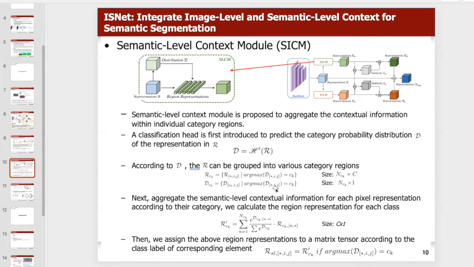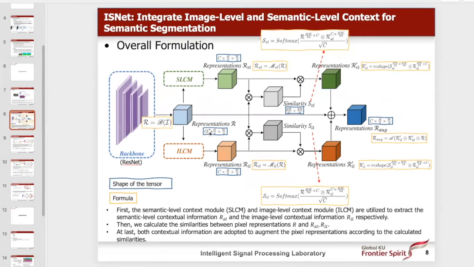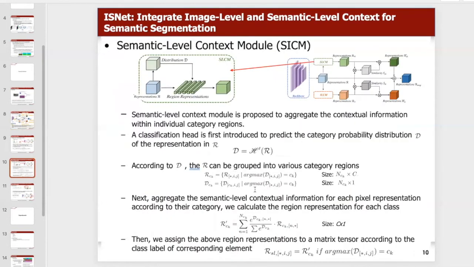We already know that R has C channels, and the shape is this. It has C channels. And then for every category, we can get an R sub CK, and C represents the channel.